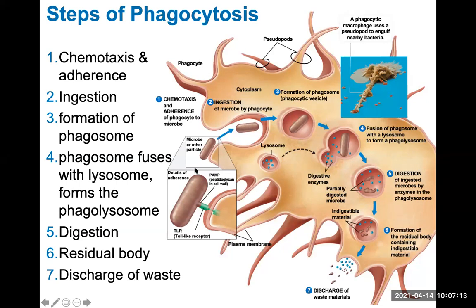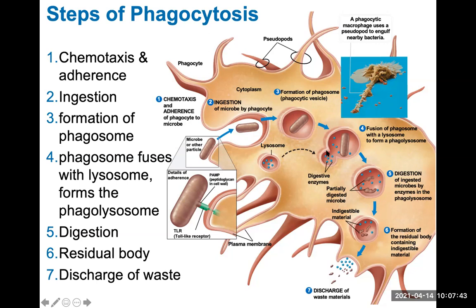Okay, then the phagocyte is going to bring the microbe inside of itself, so ingest and form a vesicle. And the vesicle is called a phagosome. And then the lysosome vesicles inside of the phagocyte are going to fuse with the phagosome.